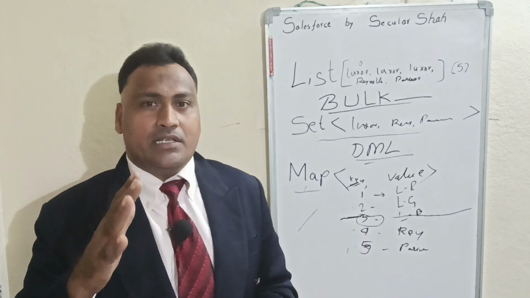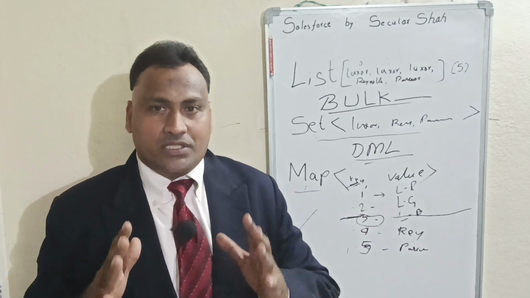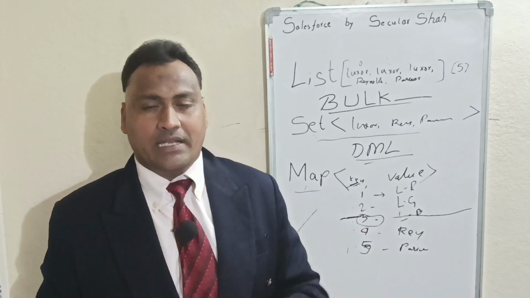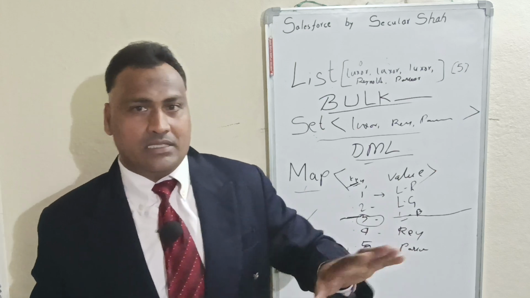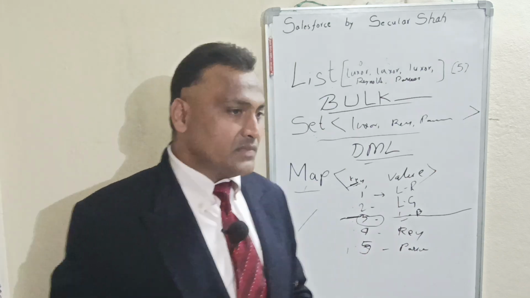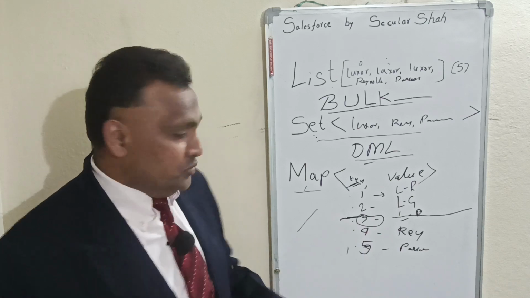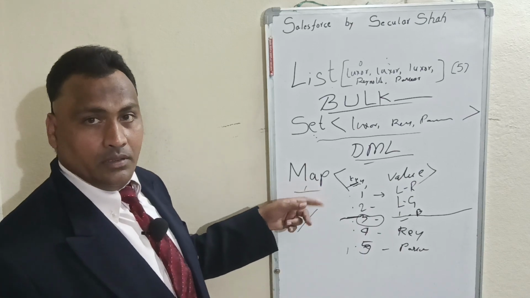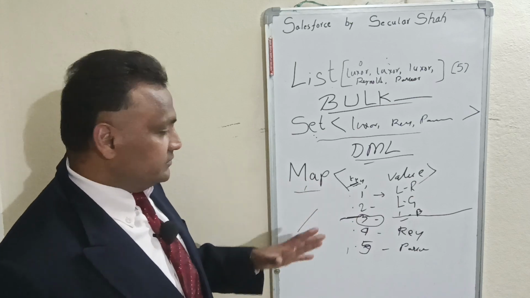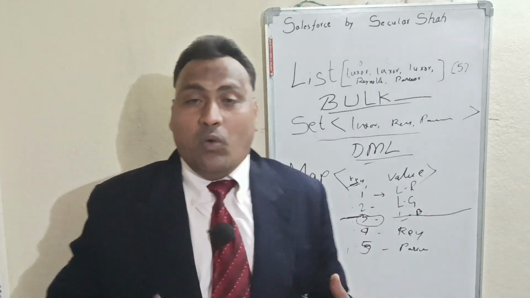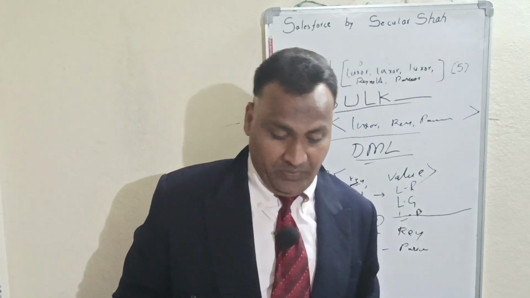If you are really interested, please put it in the comments so that I feel the urgency and importance I have to give to it, and I will change the order of the plan I have made. The context variables where you have old map and new map. I have explained map, but what is old map? What is new map? What are the context variables in Apex triggers? We'll be looking at that.